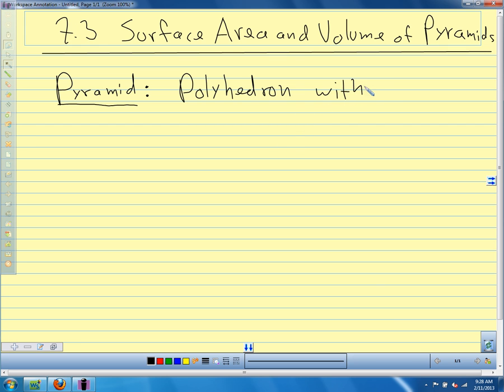A polyhedron with, and the important things about pyramids, it has a base that's a polygon. And pyramids only have one base, so that makes them a little easier to work with in some ways.